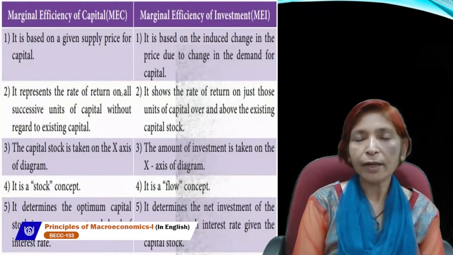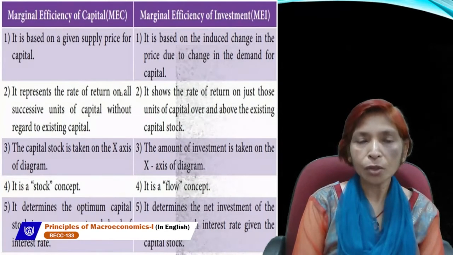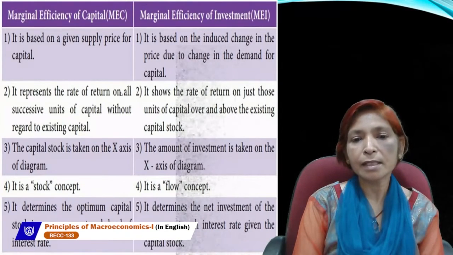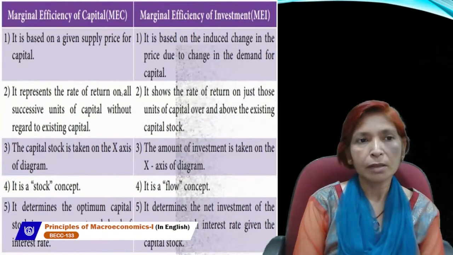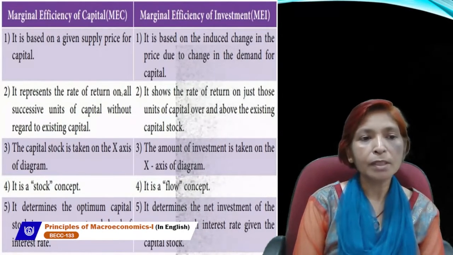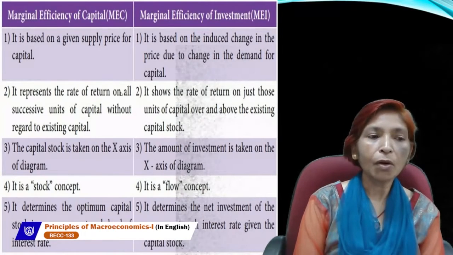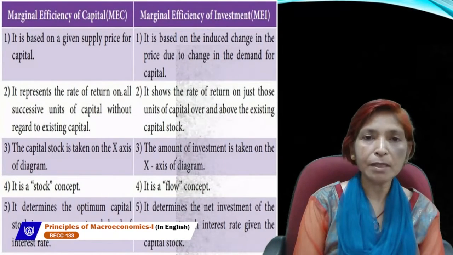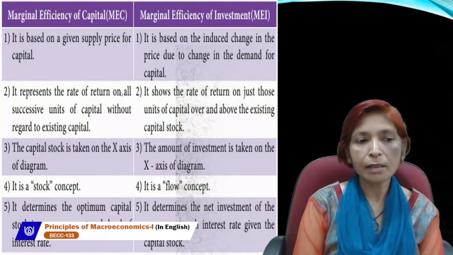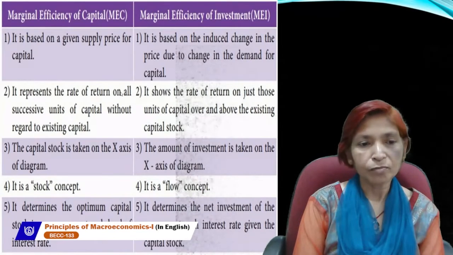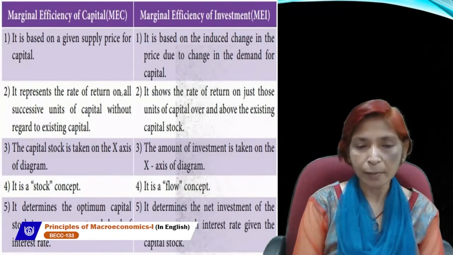And it shows the rate of return on just those units of capital asset over and above the existing capital stock. But MEC shows the rate of return on each successive unit of capital without regard to existing capital.